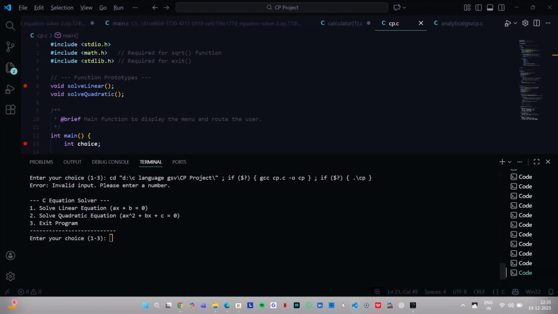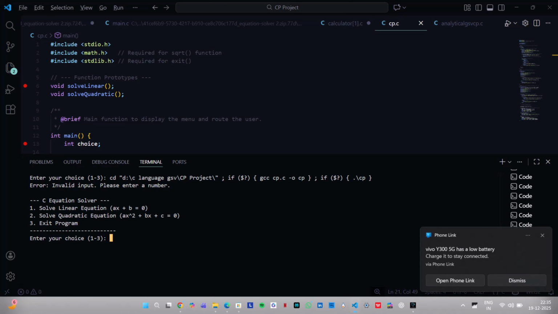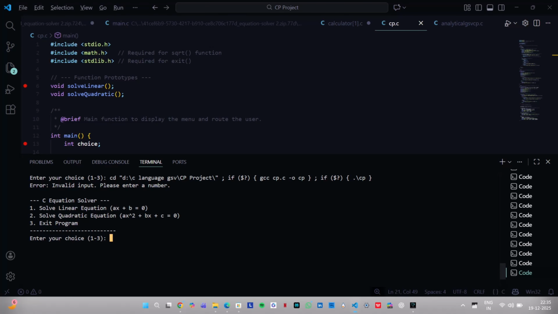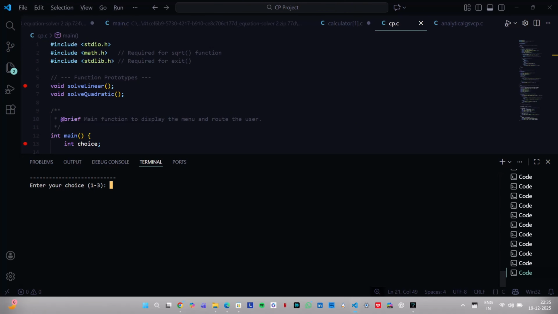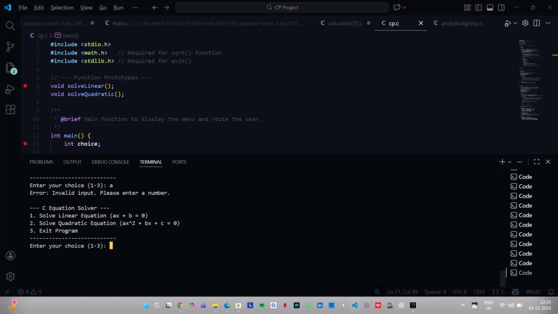Here is the program. First we see the C equation solver menu: first, solve linear equation; second, solve quadratic equation; third, exit program. If we write an invalid input, for example the character A, and then enter, it shows an error, invalid input, please enter a number.